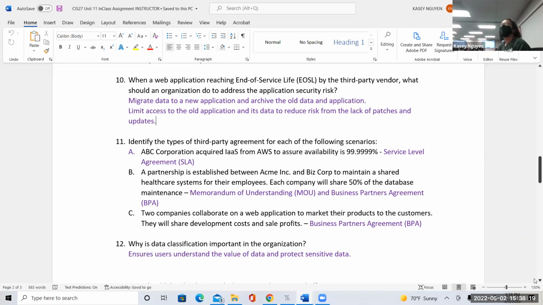Okay. For B, when you establish a partnership between one company and another, so if two companies agree to maintain a healthcare system and everybody shares 50% in cost and maintenance, right? You will need to, number one, establish an MOU, which is a memorandum of understanding.